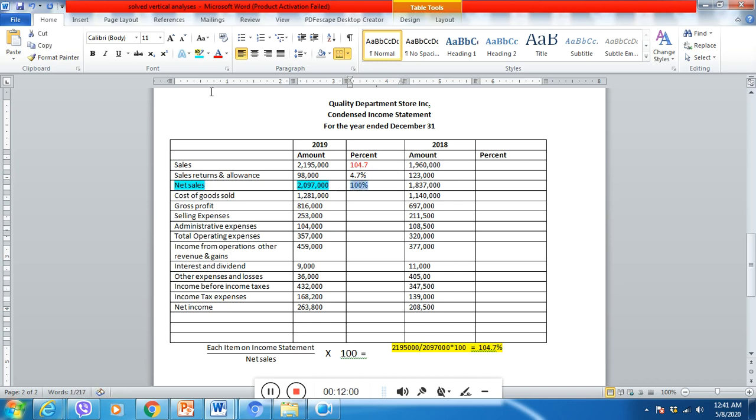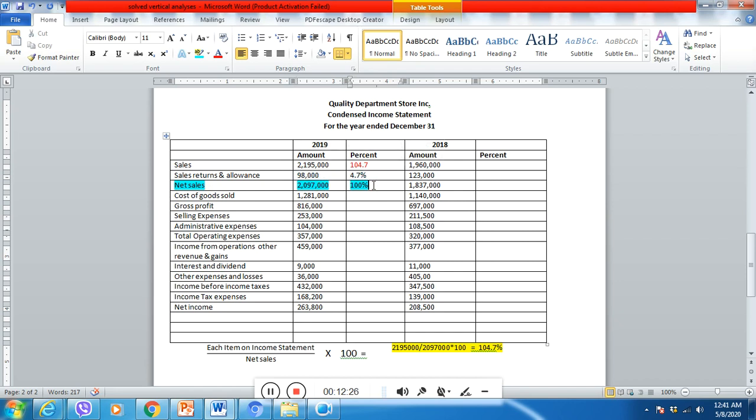Now you will see the value of sales is 104. We didn't add 4.7 because this is sales return and allowance. Why are we subtracting 4.7 from the sales? Because the item was sold and this is a return.